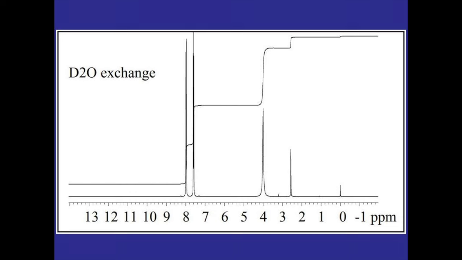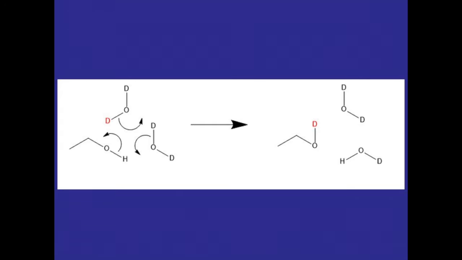a tool to help identify protons on functional groups that can hydrogen bond, like carboxylic acids or alcohols, etc. Basically what happens is we introduce a bunch of D2O, which is water with deuterium instead of protons, and as they hydrogen bond with the compound that we're trying to analyze, the proton on the hydrogen bonding functional group will get switched out with a deuterium.